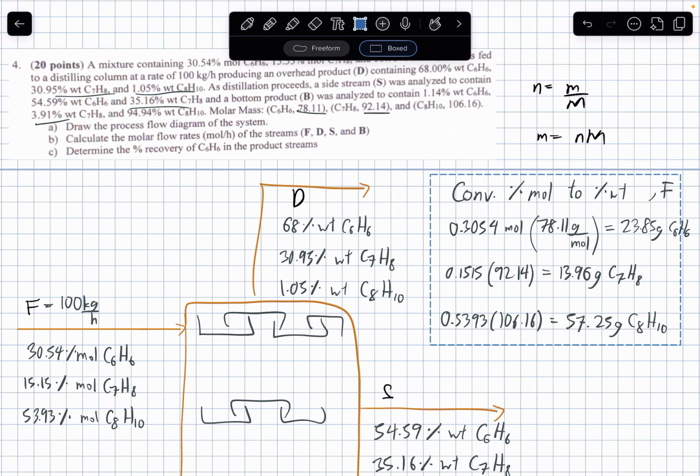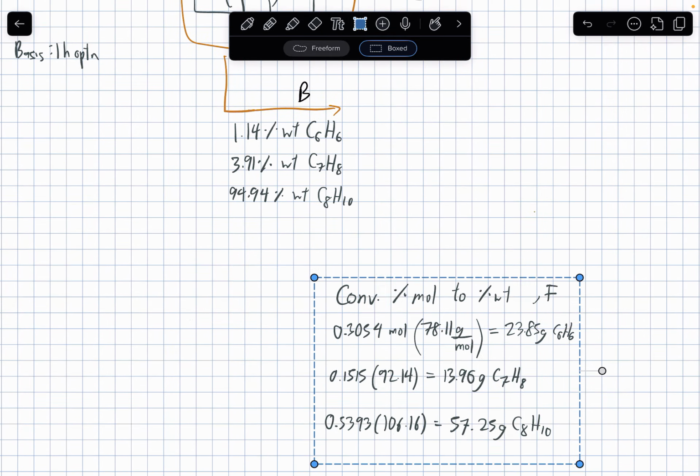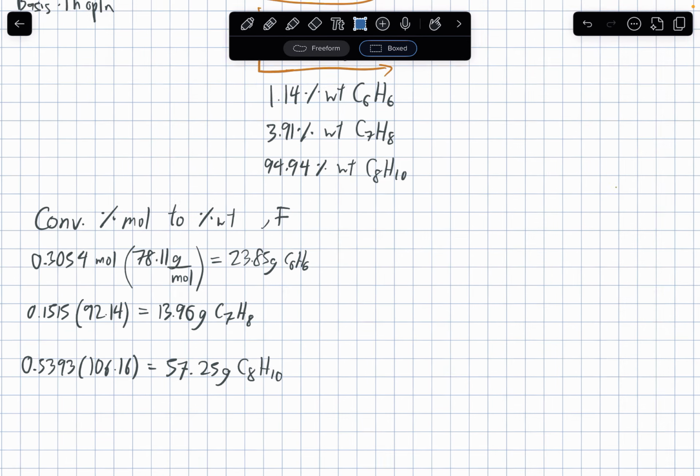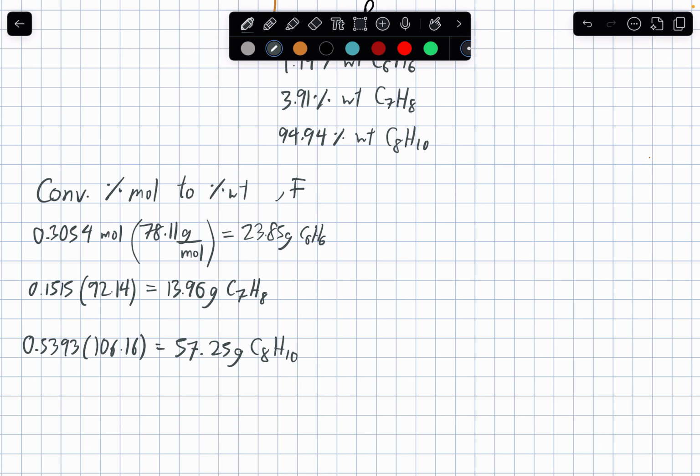So what's next? We were able to calculate these values. How do we convert them into mass fractions? First, let's identify their total sum. You cannot just assume that they all equate to 100.